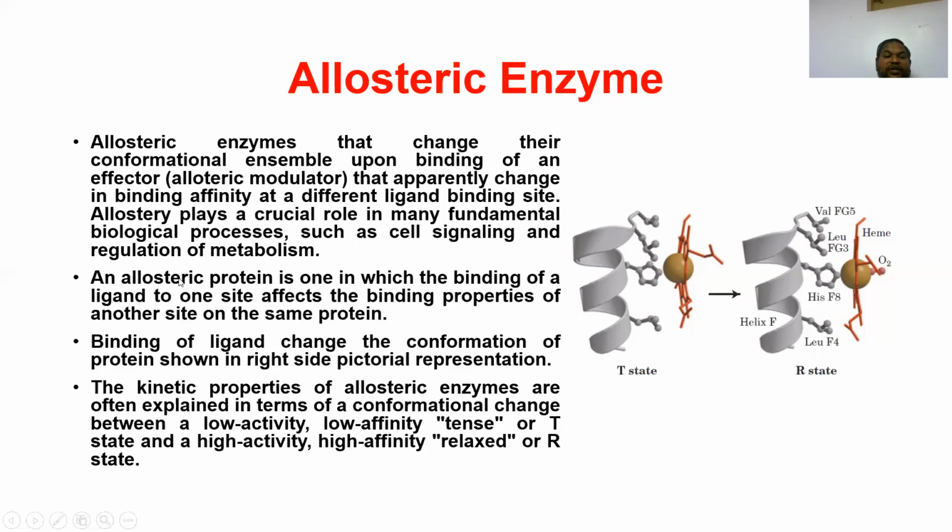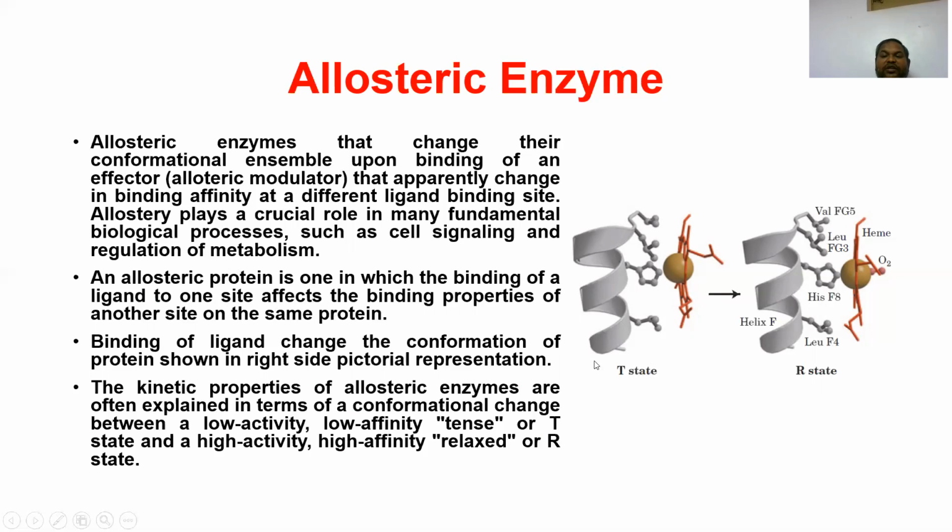Allosteric proteins are the same as allosteric enzymes. Since all enzymes are proteins, they work by the same mechanism as allosteric enzymes. Here you see the T state and R state.